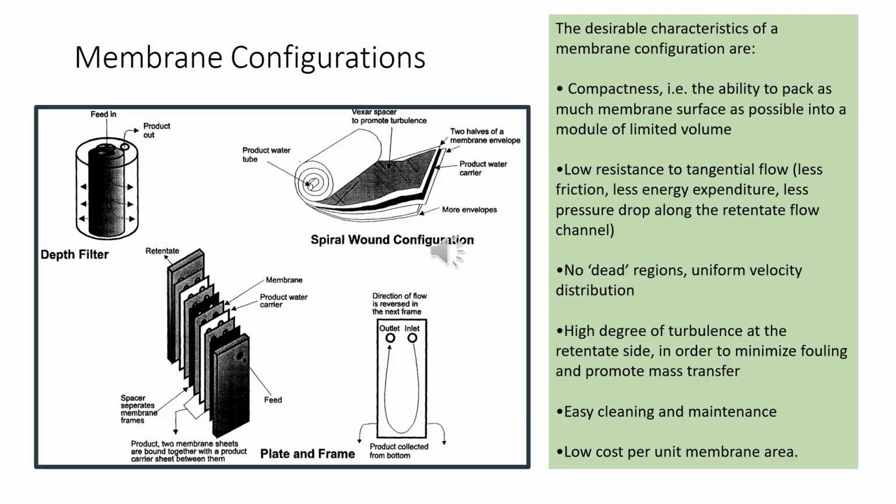We should have a uniform velocity distribution and a high degree of turbulence at the retentate side in order to minimize fouling and also to promote mass transfer. Also, it should be easy to clean and easy to maintain. And the most important is it should be low cost per unit membrane area.